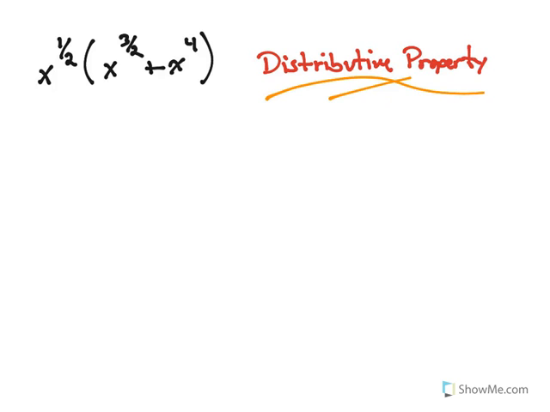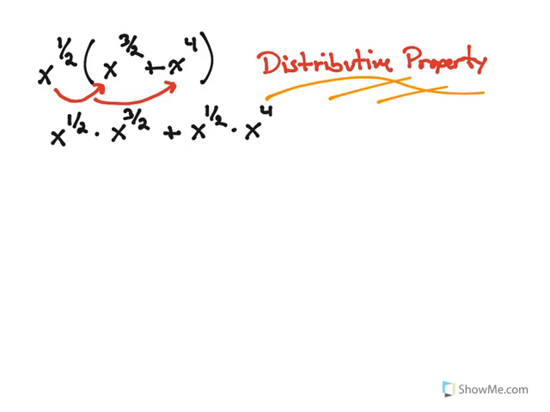All right, so that's what we need. That means we're going to have to take this and multiply it by this and by that. So what we're doing is x to the 1/2 times x to the 3/2, plus, and then x to the 1/2 power times x to the 4th power.